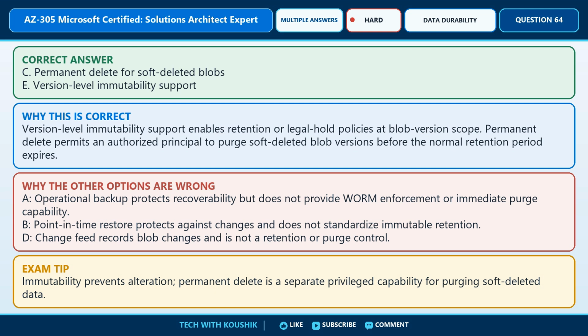A. Operational backup protects recoverability, but does not provide WORM enforcement or immediate purge capability. B. Point-in-time restore protects against changes and does not standardize immutable retention. D. Change feed records blob changes and is not a retention or purge control. The key takeaway is immutability prevents alteration. Permanent delete is a separate privileged capability for purging soft-deleted data.